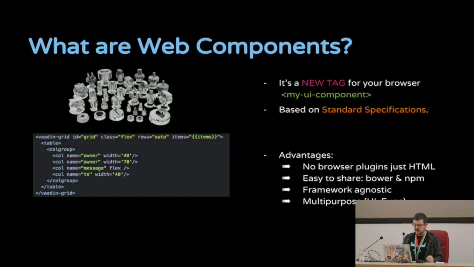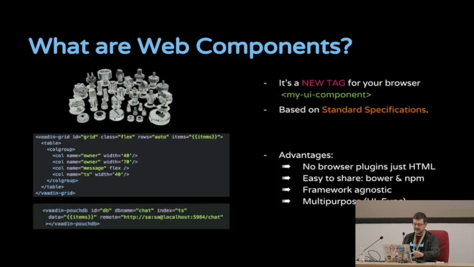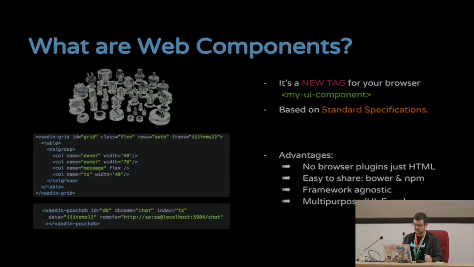There are web components like Vaadin Grid, which is a complex web component, but you can also have web components like Vaadin PouchDB, or Iron Ajax, that add some functionality to your application but are not necessarily a UI component.